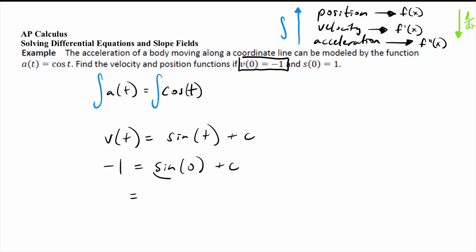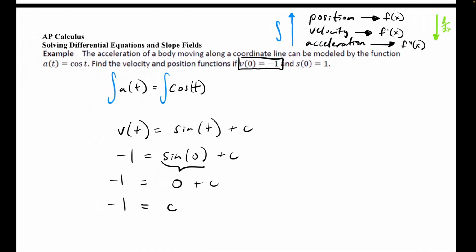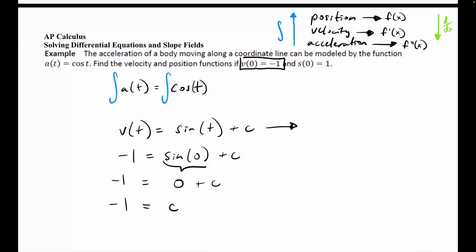Sine of 0 is 0. C plus 0 equals -1. That just means c equals -1. So the velocity function is v of t equals sine of t minus 1.